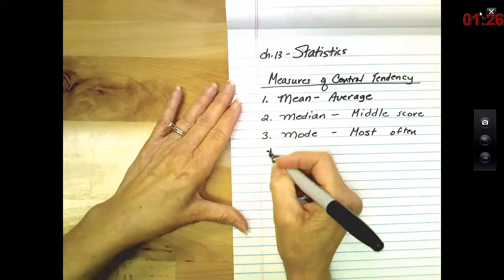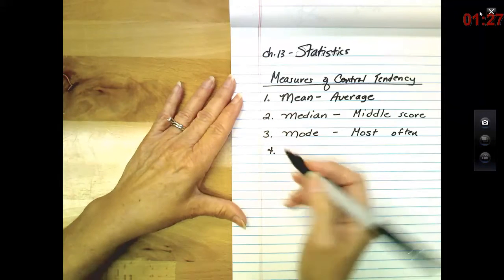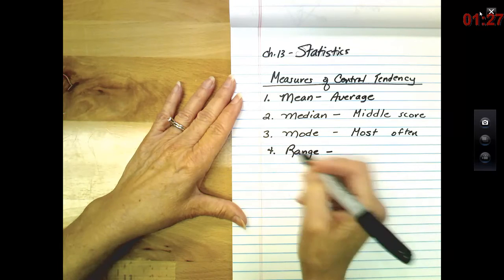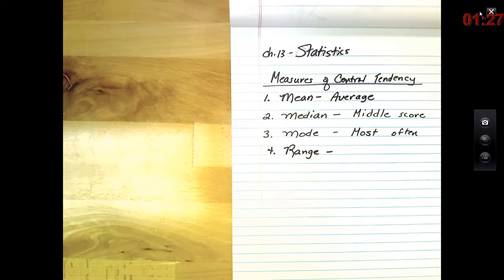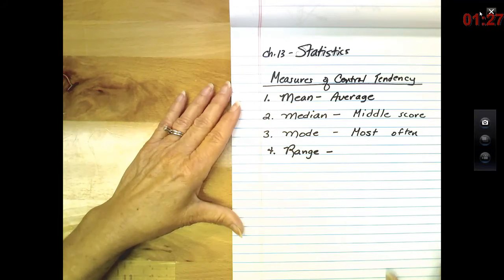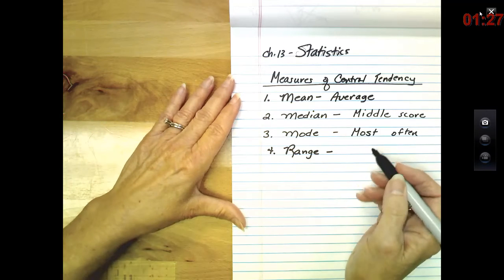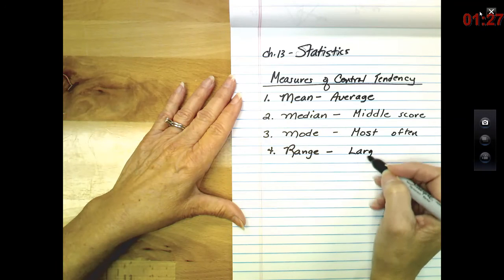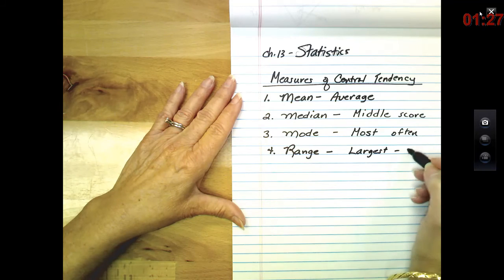Number 4 is the range. If I say on the last test the scores ranged from 70 to 97. So for this one, you take the largest minus the smallest number to get the range.